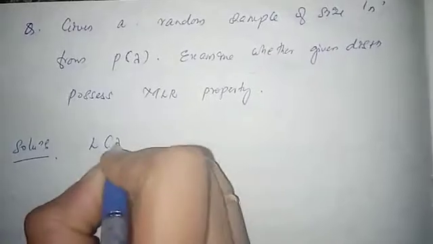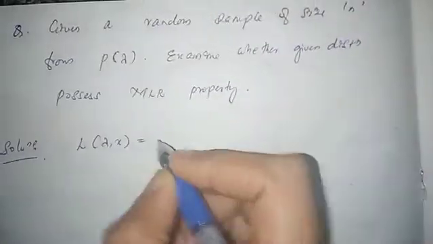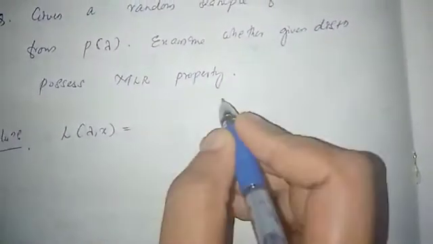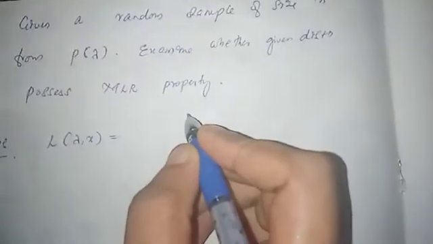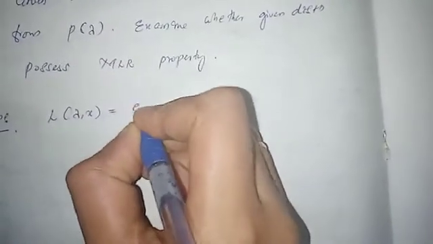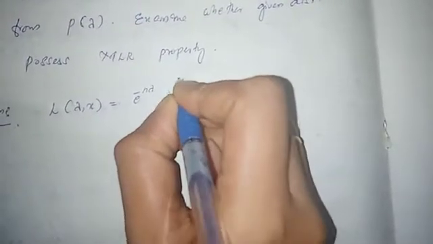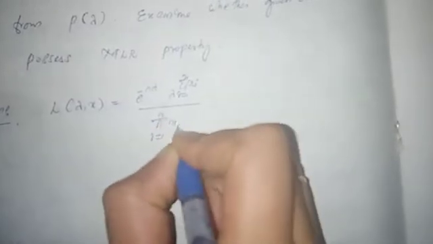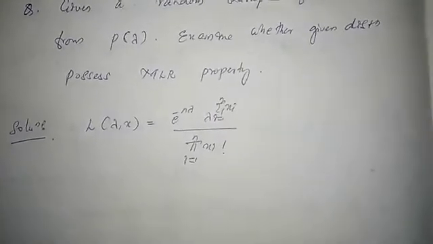The likelihood L lambda x is the product of f of xi. What is f of x? It is e power minus lambda, lambda power x, divided by x factorial. Then the likelihood is e power minus n lambda, lambda power summation i equal to 1 to n xi, divided by product i equal to 1 to n xi factorial.